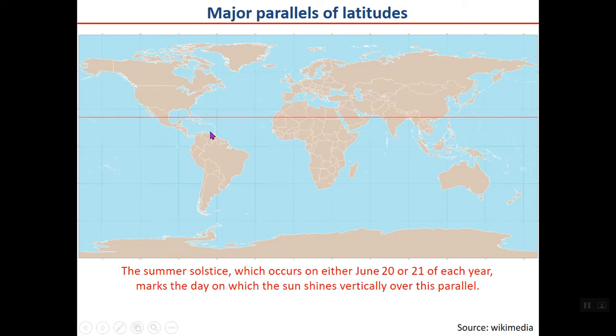If a person stays anywhere on this line on the Earth, and it is solar noon, not 12 o'clock, it may be different from 12 o'clock, he or she sees the sun just overhead.